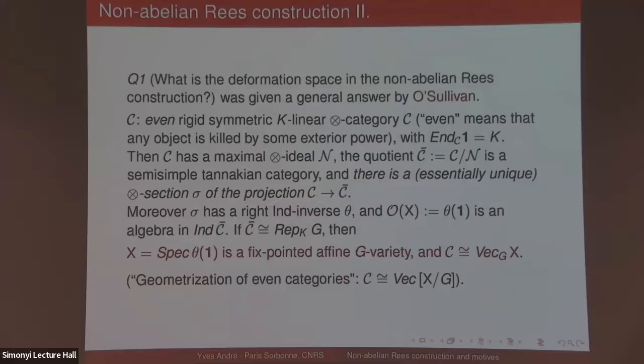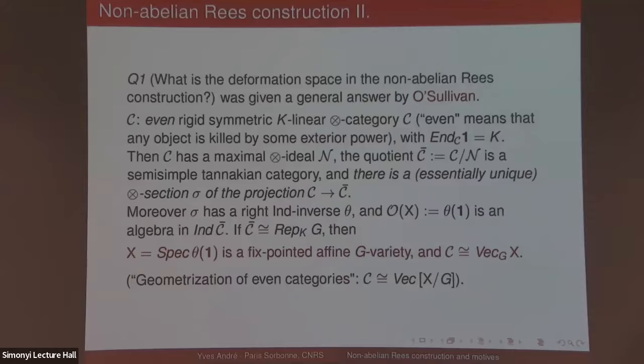In particular, if C bar is a neutral Tannakian category, that is, if it is equivalent to representations of G over K, then this X is a fixed-pointed affine G-variety. And moreover, this is a theorem that the category C you started from is always equivalent to a category of equivariant vector bundles over X. So such categories always have this form.